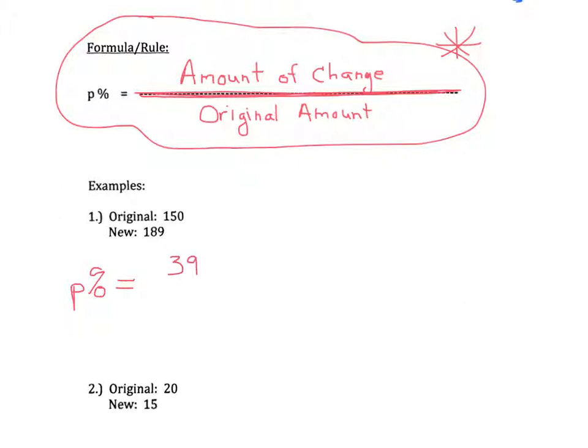It went up, it increased 39. And then in the denominator, it's always, always, always the original. That's the most common mistake kids make. So, 150? Yep, that's the original. Not 189, that's new. 150, because that's the original. It goes underneath.